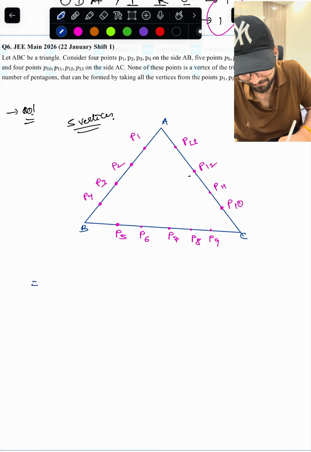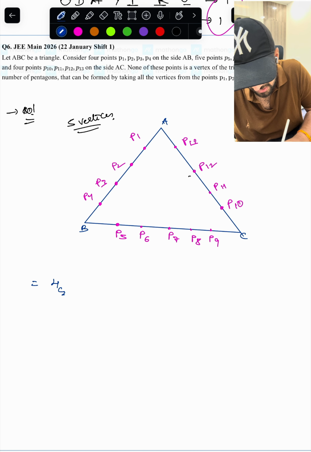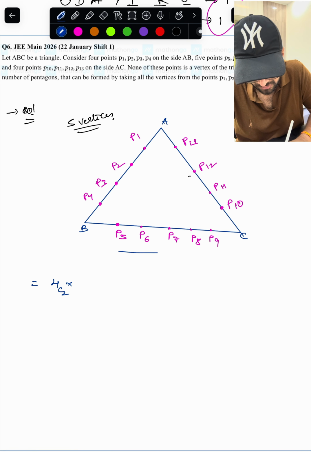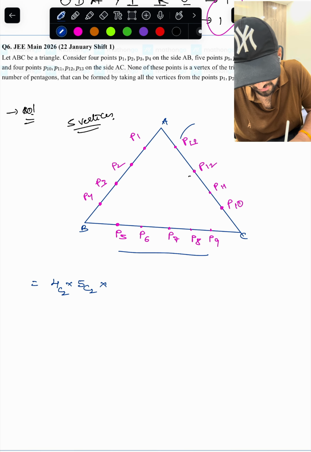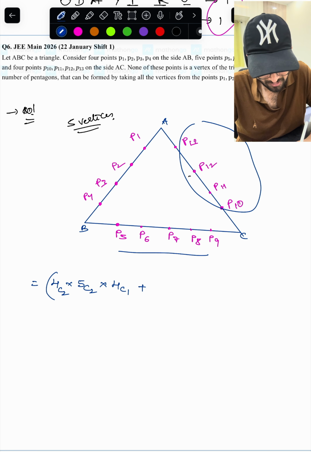So first of all, in how many ways we can form a pentagon: from AB I can select any 2 vertices. AB has 4 points, so 4C2 into, from BC I can select 2 vertices, 5C2, and AC also having 4 points, I can select any one of the vertices. Now the pentagons are formed.